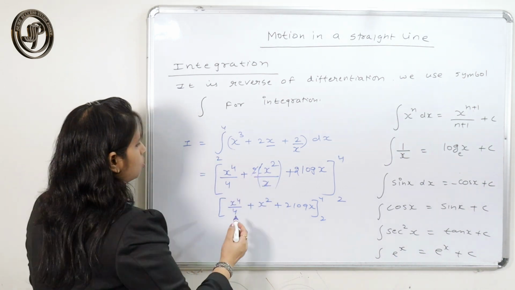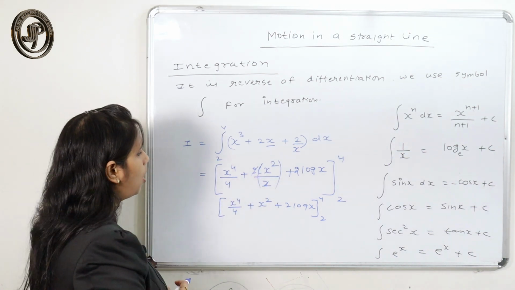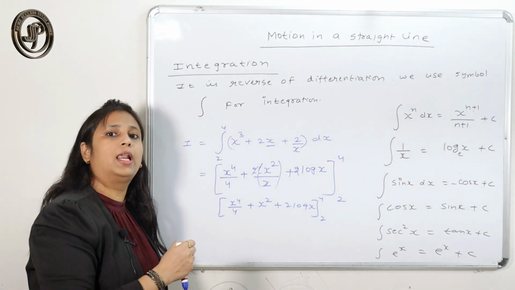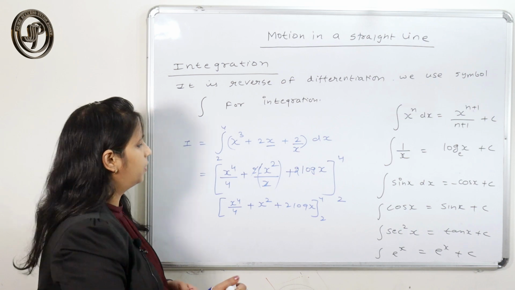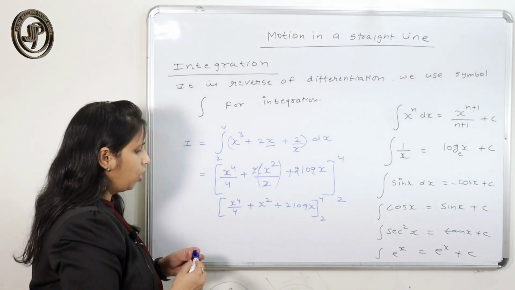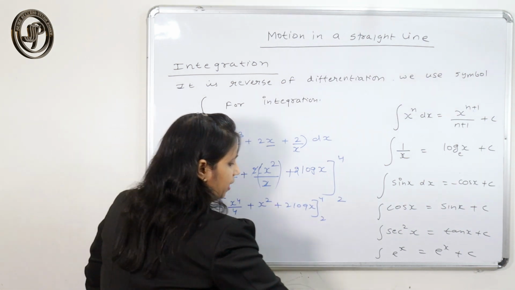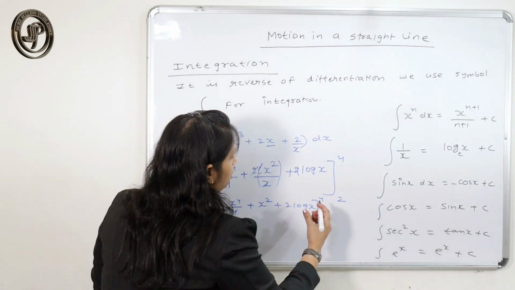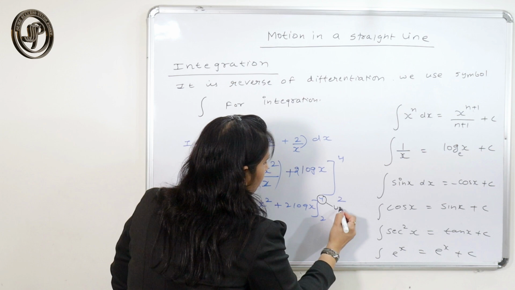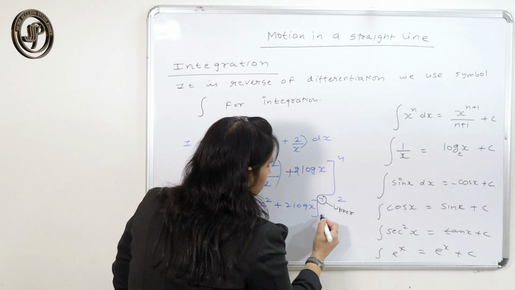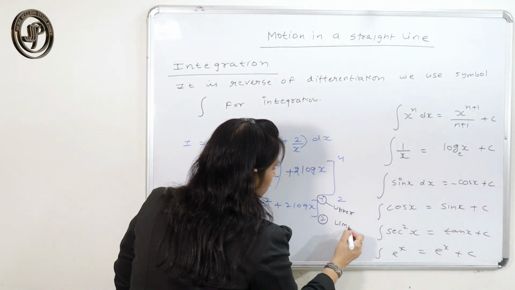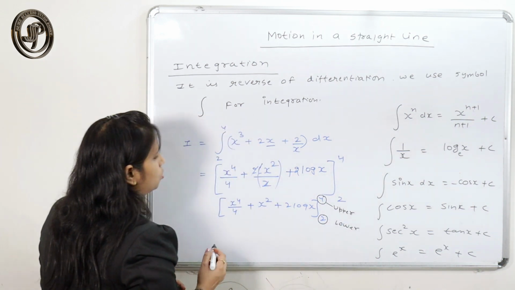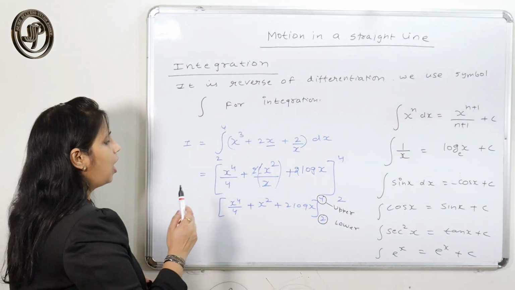Okay. So now what you have to do after that? You have to apply the upper limit minus lower limit. So this is called your upper limit and this is my lower limit. So first I am applying the upper limit.